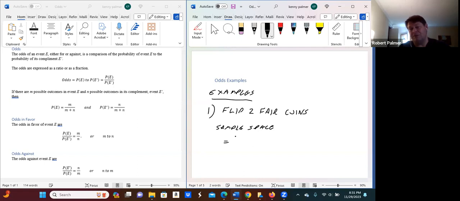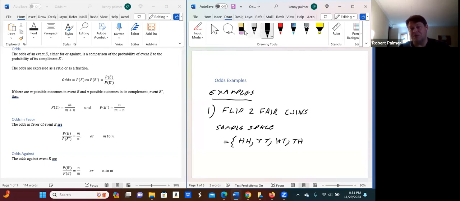What we can have is 2 heads. It's also the same as flipping 1 fair coin twice. We can have 2 tails, or we can have heads on the first and tails on the second, or tails on the first and heads on the second. So there are 4 possibilities.